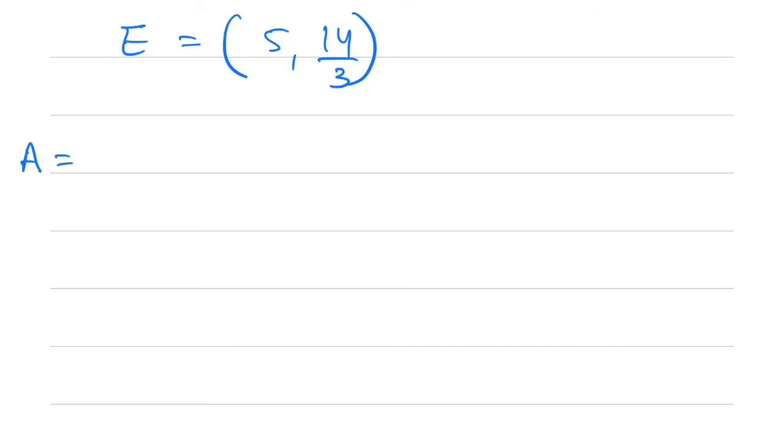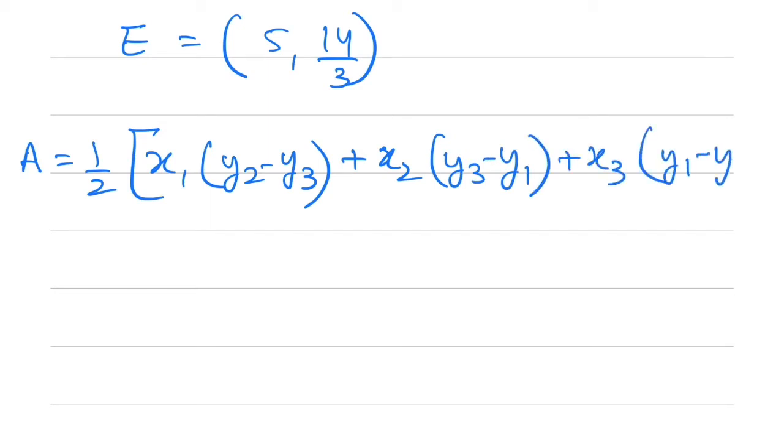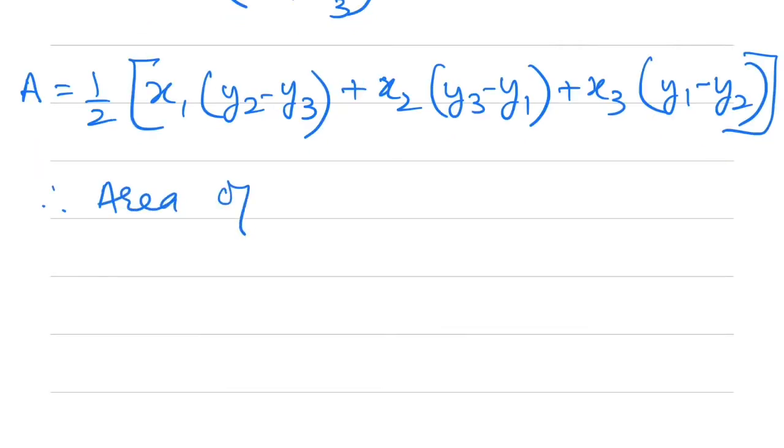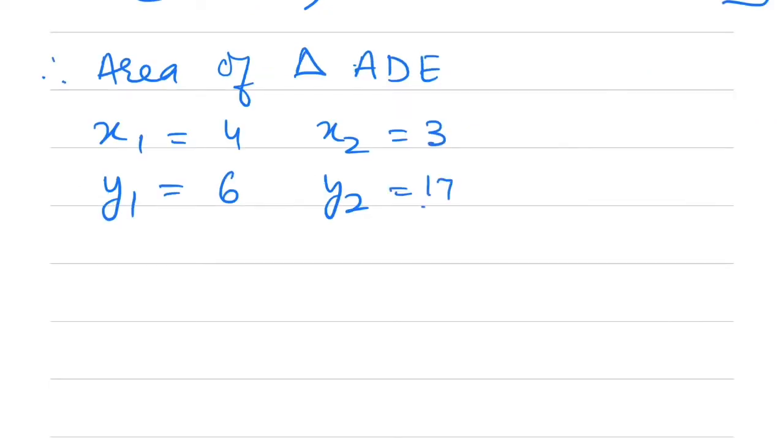The area of a triangle is half into [x1 (y2 minus y3) plus x2 (y3 minus y1) plus x3 (y1 minus y2)]. For triangle ADE, we have x1, y1 equal to 4 and 6, x2, y2 equal to 3 and 17 by 3, and x3, y3 equal to 5 and 14 by 3.